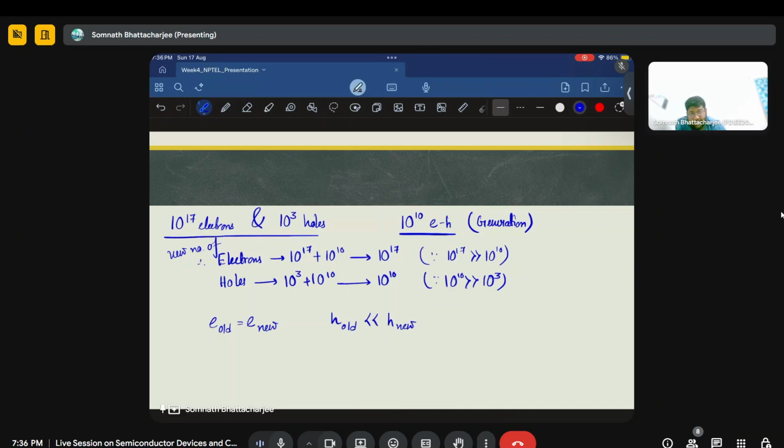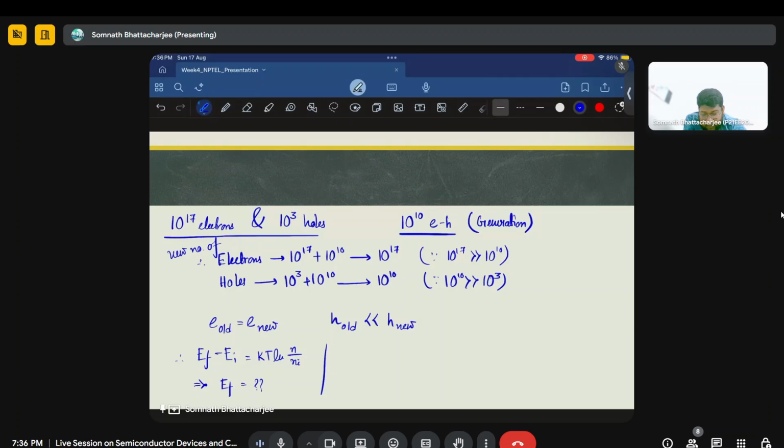So based on this factor, if we are calculating the value of EF minus EI, this is how we calculated the value of the Fermi level. So we can write it as kT ln n by ni. As the number of electrons n has increased, from this we can calculate the value of EF.